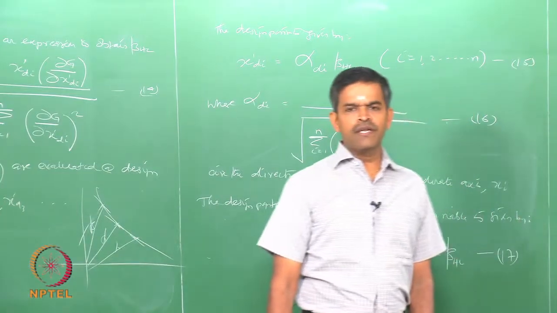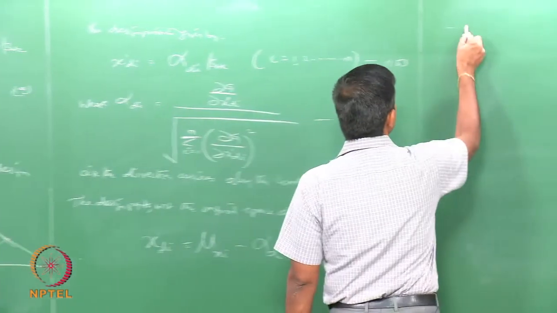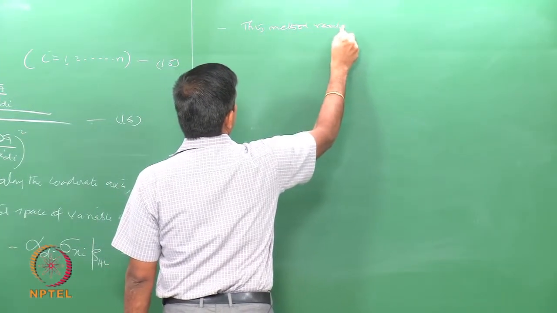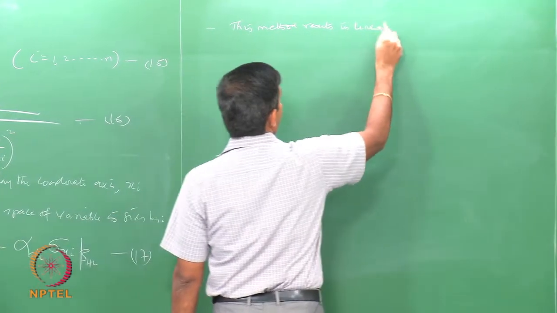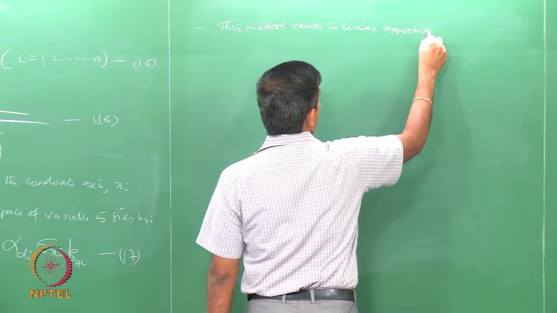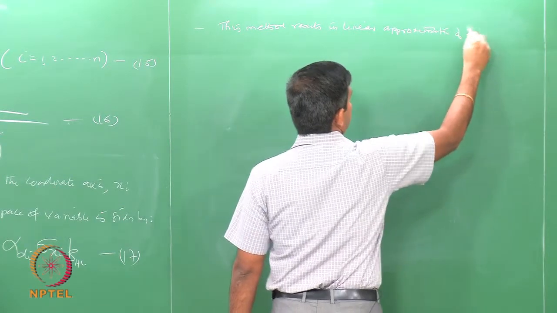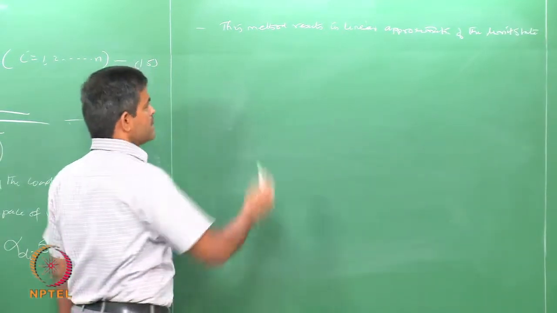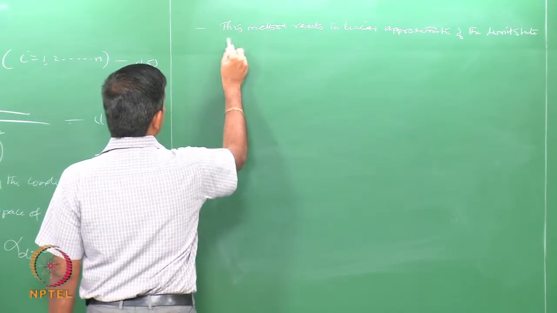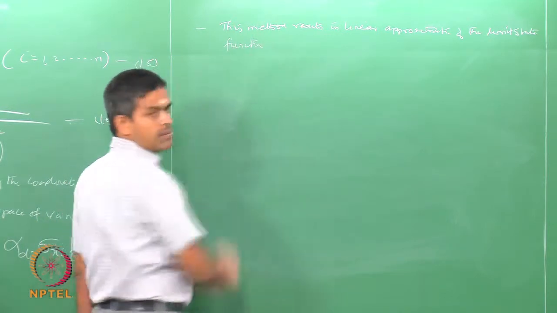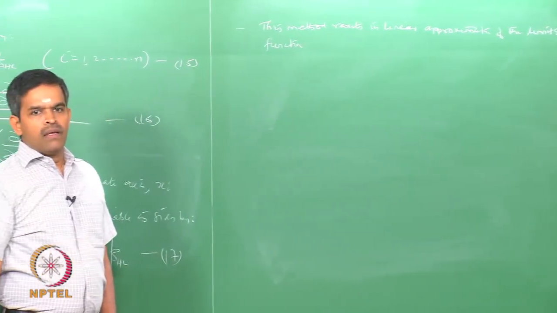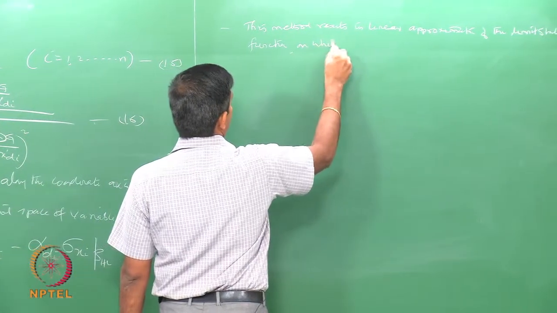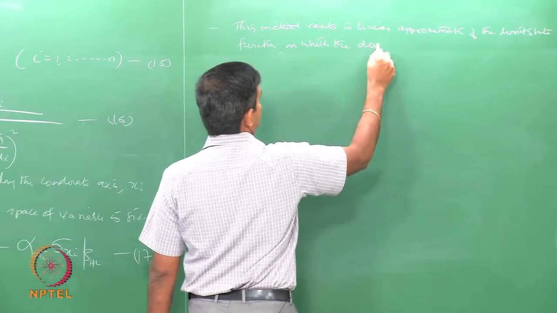This method results in a linear approximation of the limit state function, even though the function remains nonlinear. It is an approximation, on which the design points are located.